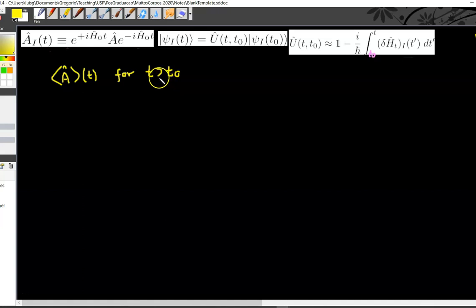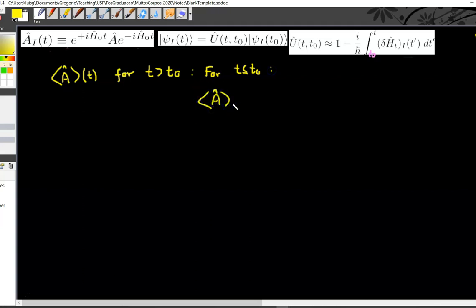Okay, so let's first define what happens for t less than t0. Okay, that's our reference, right? For t less or equal than t0, what you have is this.